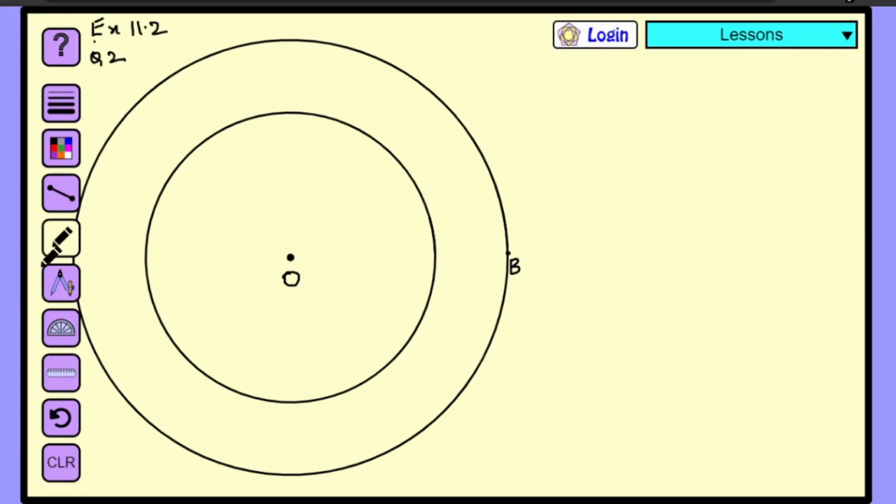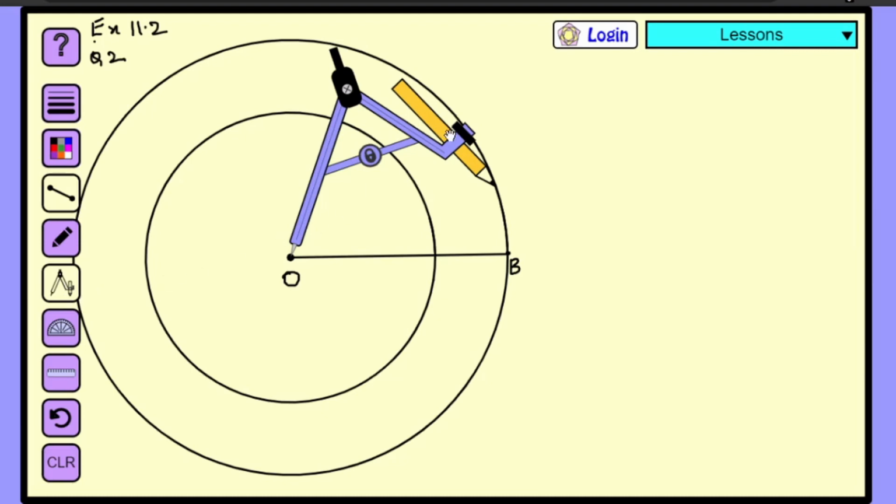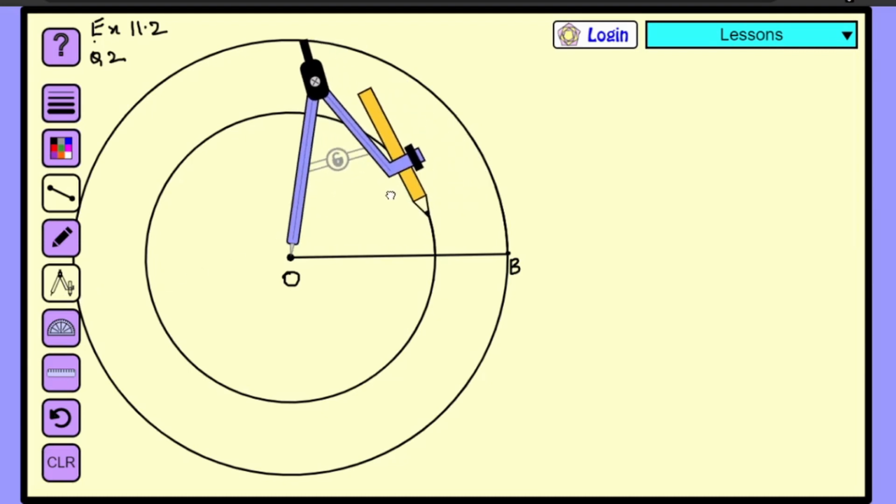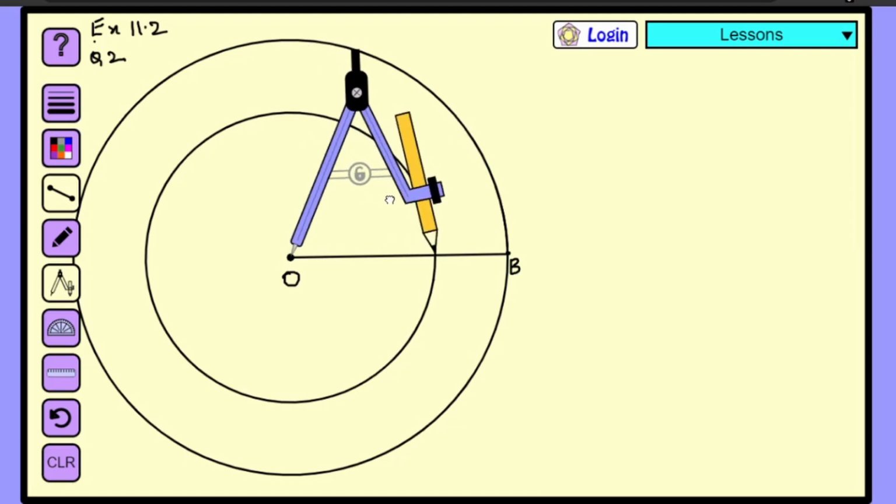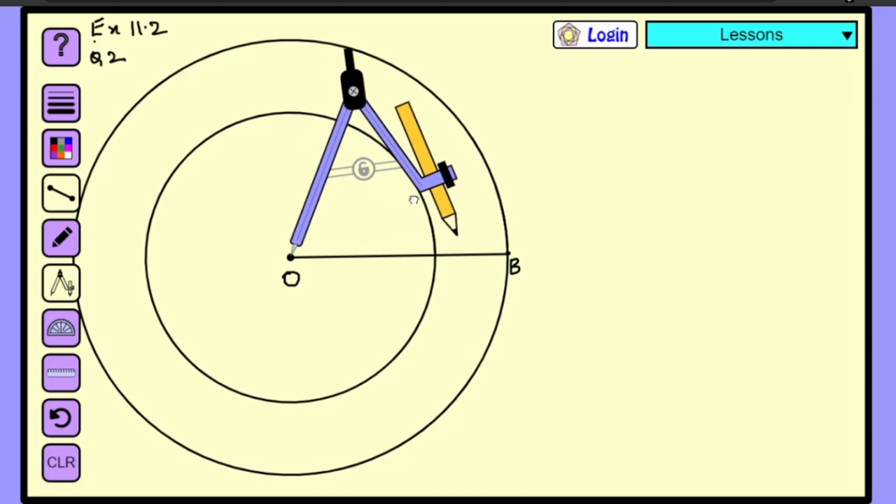For that, I am going to join these two points, O and B. Then I will draw the perpendicular bisector of OB. Taking more than half of the length of OB, we have to draw arcs up and down.